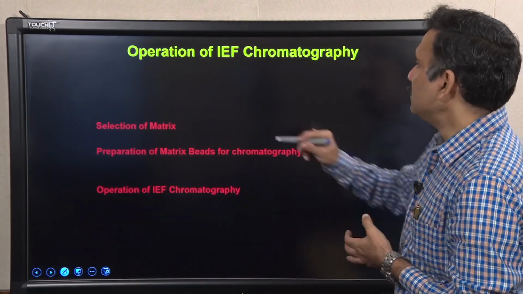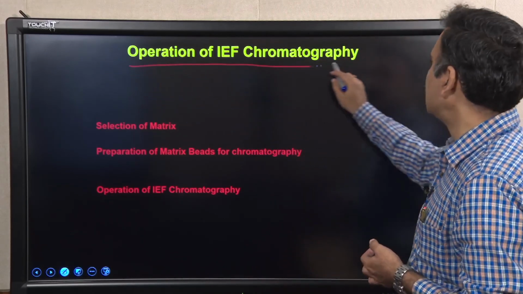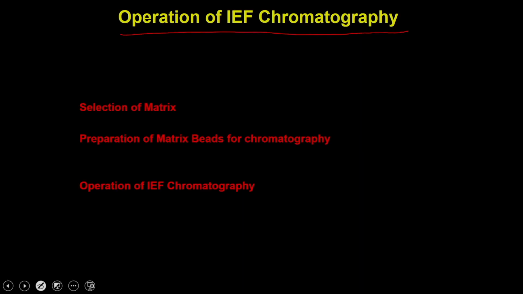If you would like to run the ion exchange chromatography, you have to consider three different parameters. One is you have to select the appropriate matrix. Once you select the appropriate matrix, then you have to prepare the matrix for the chromatography, and then ultimately you are going to perform the chromatography by following a set protocol.